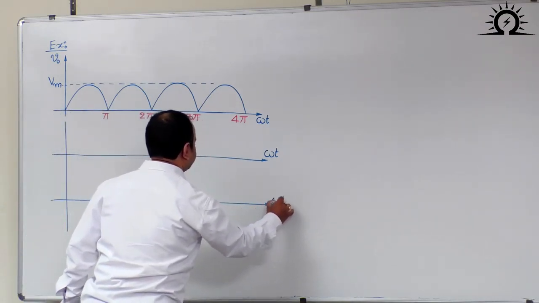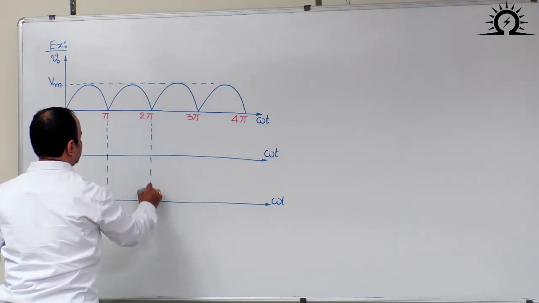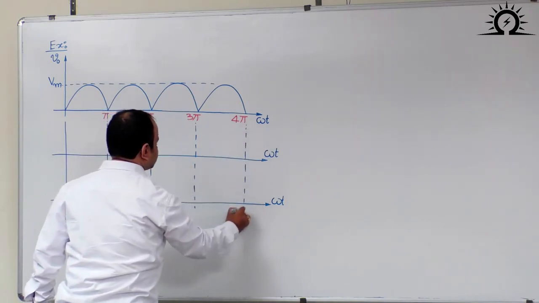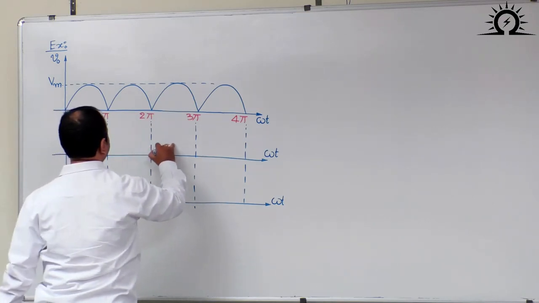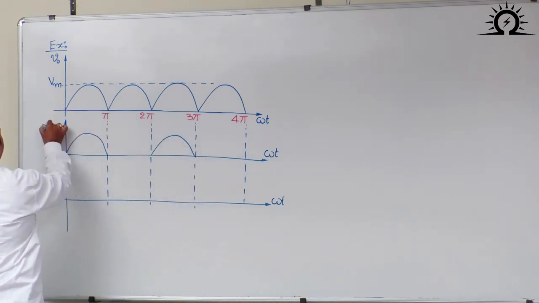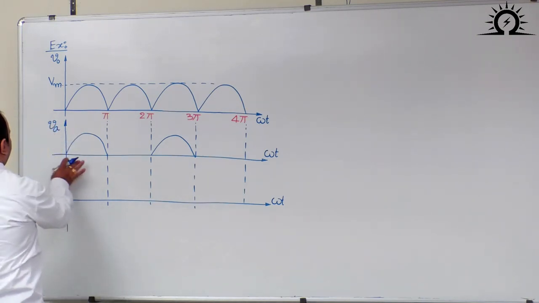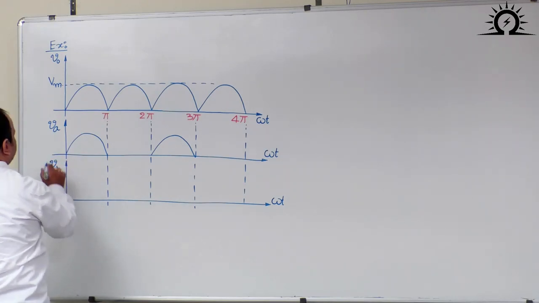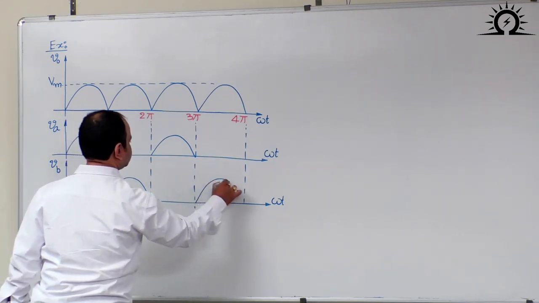In the first case, you can take just the same as the previous one. It will be like this. Let us call this particular waveform VA and this particular waveform VB.